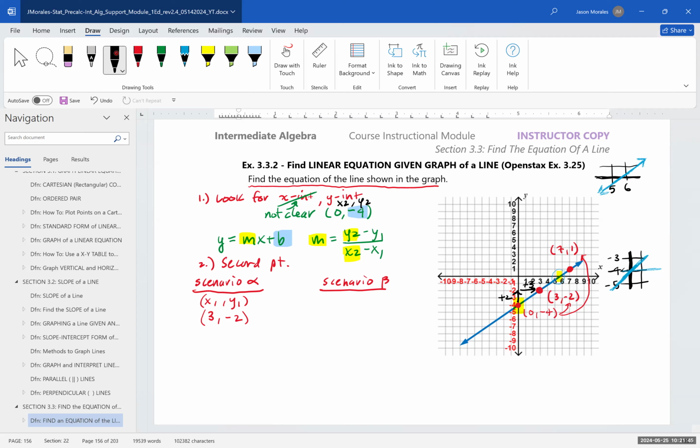But now when we go from the second point to the third one, we have a rise of 3 and a run of 2. So you see how the slope between these 2 points is going to be different than the slope between those 2 points. All right, so that's why I'm thinking it's going to be different for this second scenario. So let me use a different.